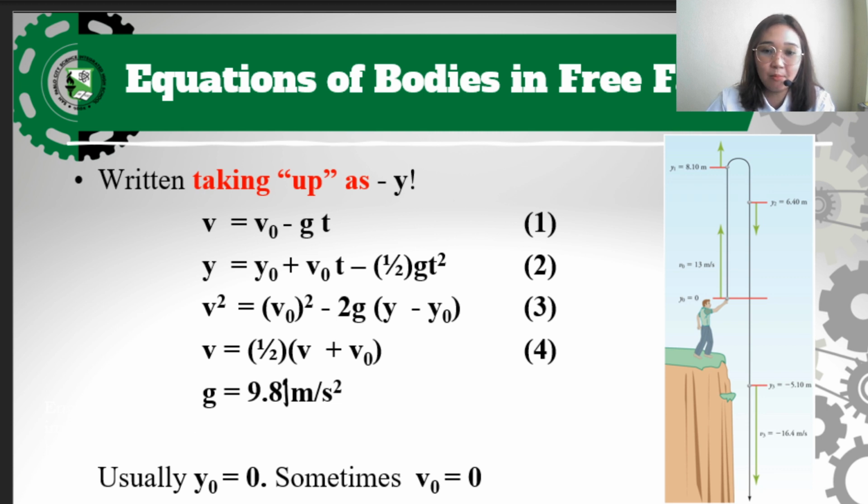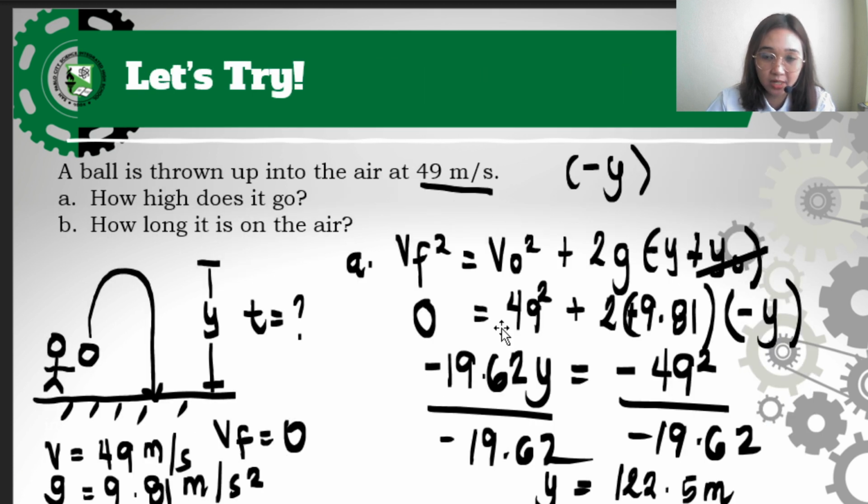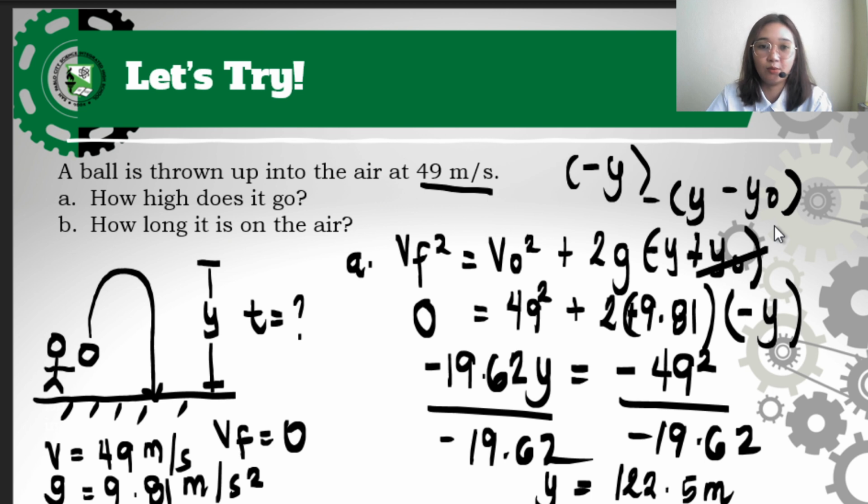So, for this example, it is taking up. It goes up first before coming down, so we use negative y. So, why did it become negative y plus y0? Okay? We negated the y minus y0. Distribute the negative sign, negative y plus y0, or y naught.